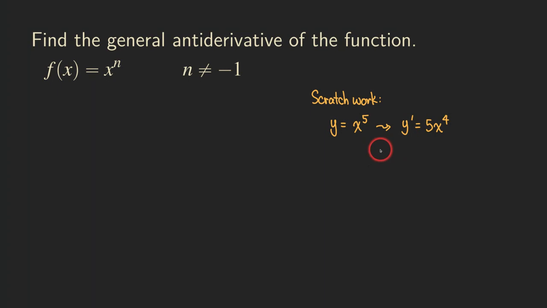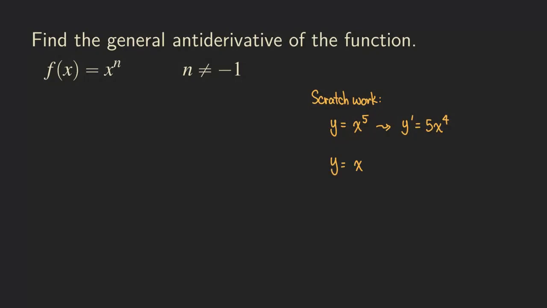And if you do a few more problems, you can see that this pattern is always going to be the same, except that when n is equal to negative 1, then it will be a different case. But as you can see here, we are just adding 1. Let's try another one.